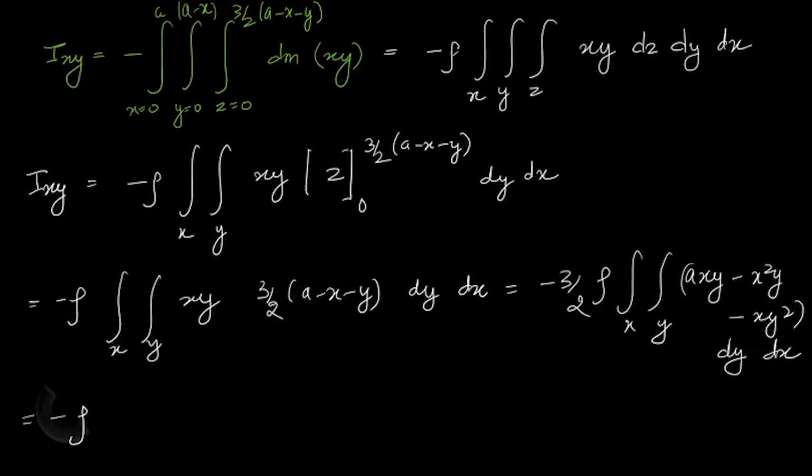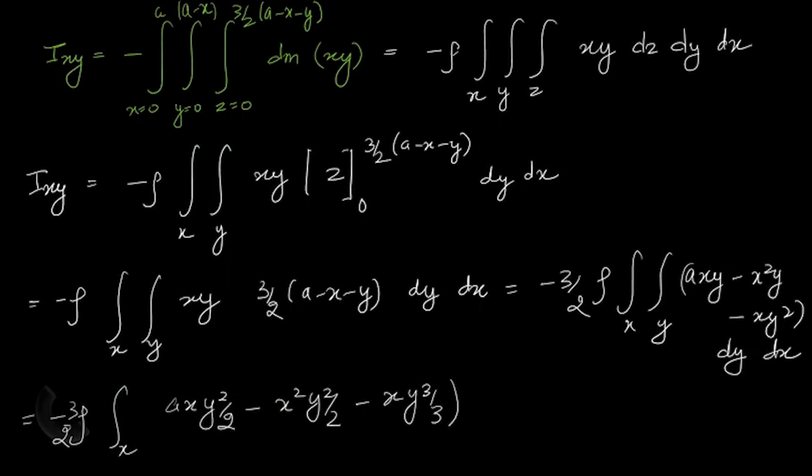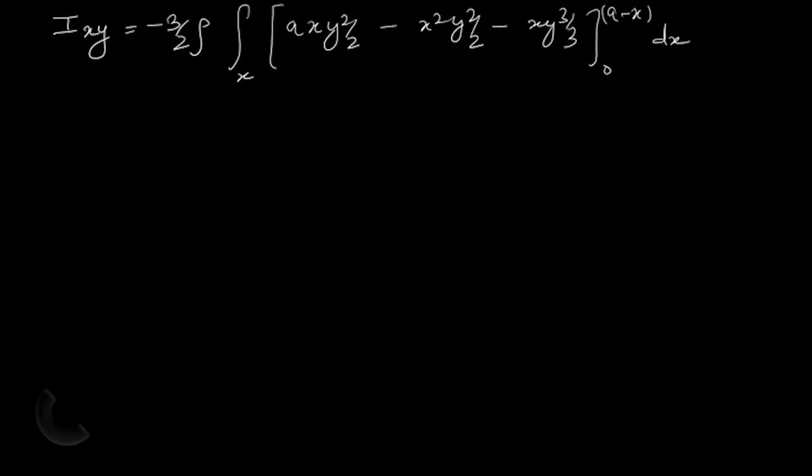So now let's integrate with respect to y. So this will become a x y square by 2 minus x square y square by 2 minus x y cube over 3, and then putting the limits 0 to a minus x, and then dx. So let's move to the next page. So we are here with this expression.